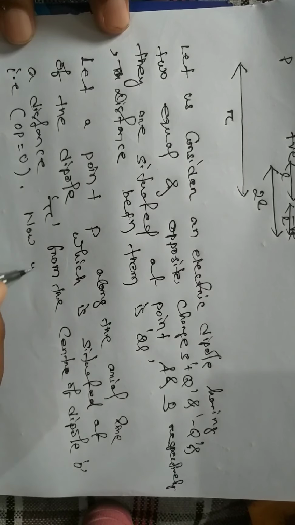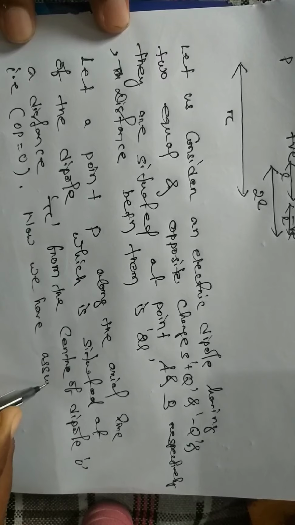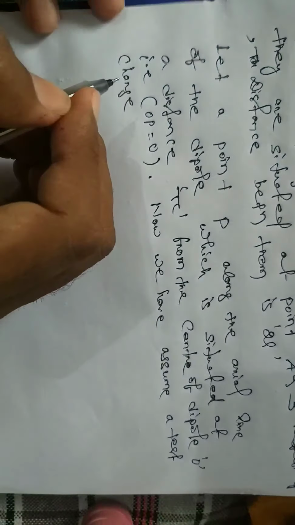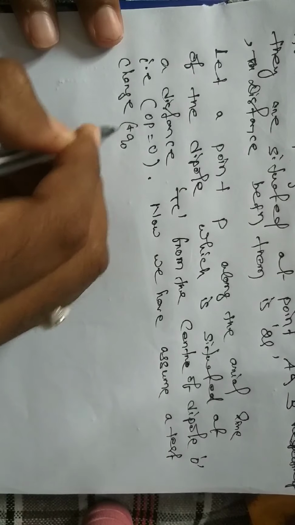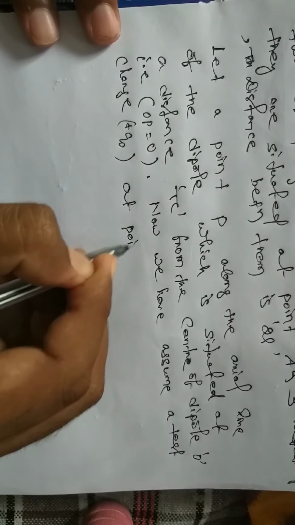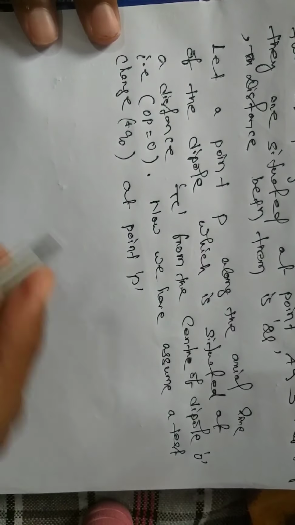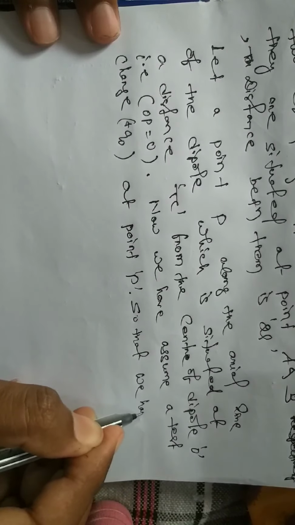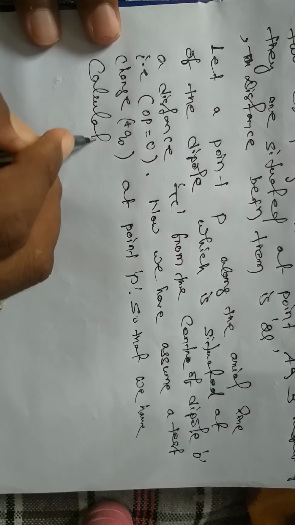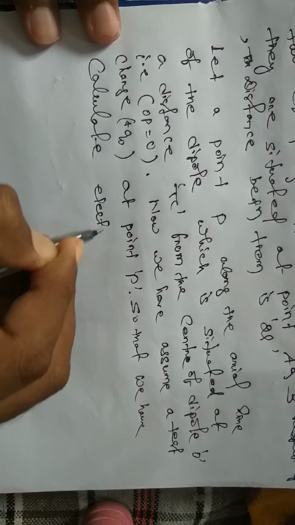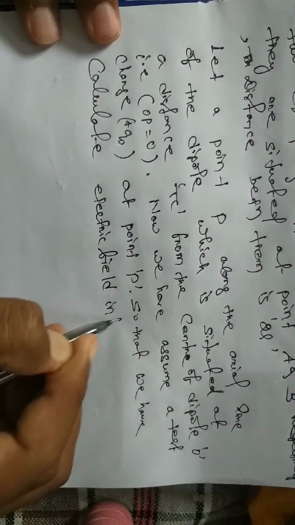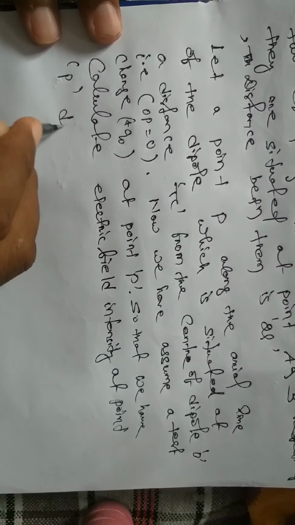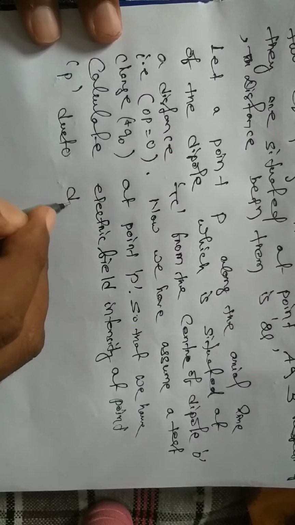Now we assume a test charge Q naught, that is plus Q naught, at point P, so that we can calculate the electric field intensity at point P due to the dipole.